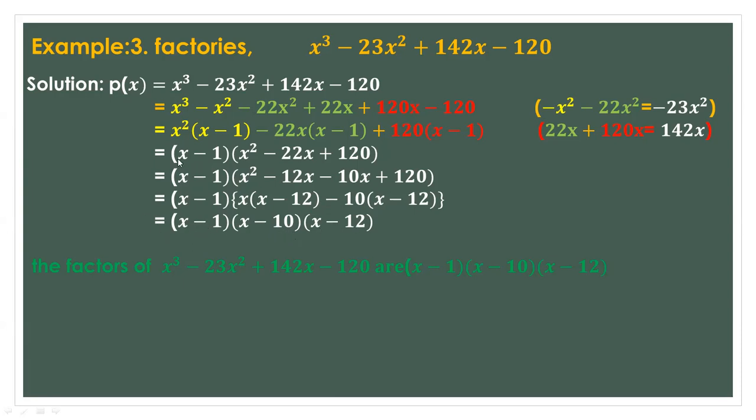So factors of x cube minus 23x square plus 142x minus 120 are x minus 1 into x minus 10 into x minus 12.